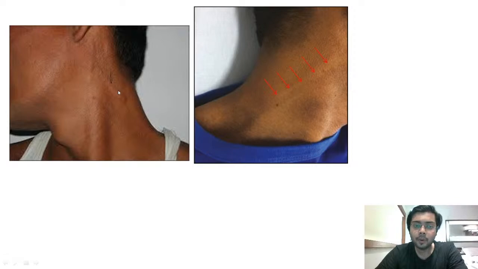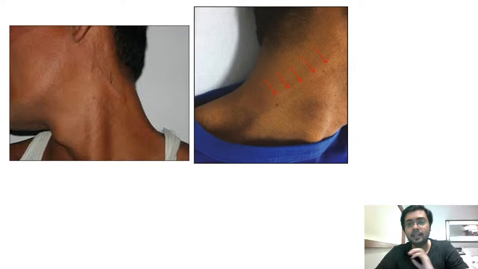Now, two to three years back, there was a recent-year question framed by a board which I couldn't name. They had shown a thickened nerve here, and they had asked to identify this nerve. So how many of you know the answer? This nerve which is thickened here is the greater auricular nerve.